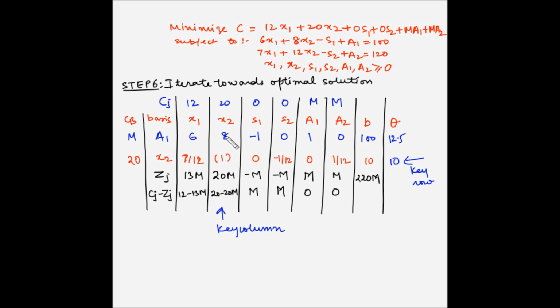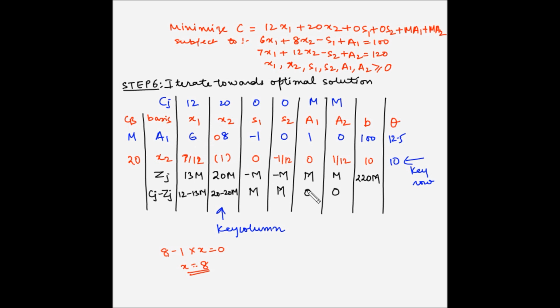So basically for column x2 we have to do 8 minus 1 is the reduced key element, into x is equal to 0, or x is equal to 8. So 8 needs to be multiplied by 1, then this value will become 0. Now let's do the same thing for all the elements.